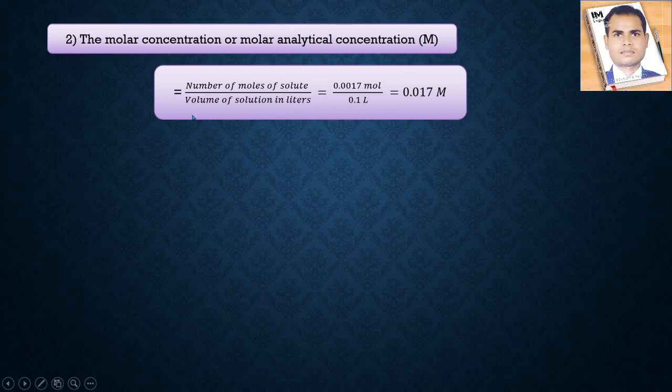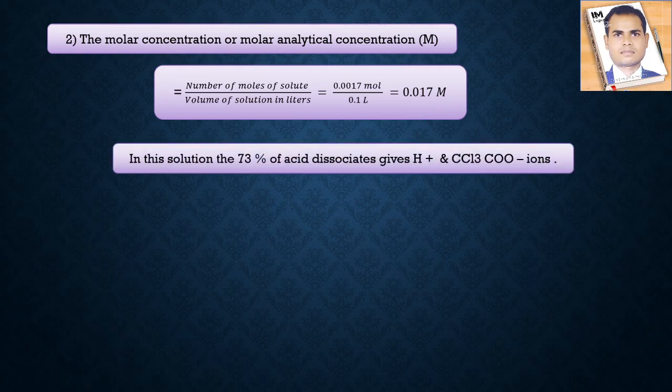Now in this example we have to calculate the molar analytical concentration, and the formula is the number of moles of solute divided by the volume of the solution in liter. Both values we have already calculated: 0.0017 mole, divided by the volume of the solution, which we have also converted, that is 0.1 liter, so you will get 0.017 molar. And in this solution, 73% of the acid dissociates, giving H plus and CCl3COO minus ions.